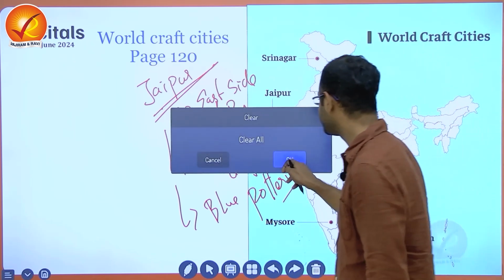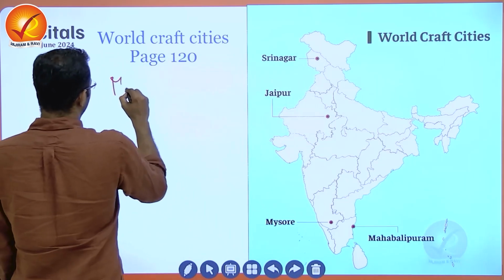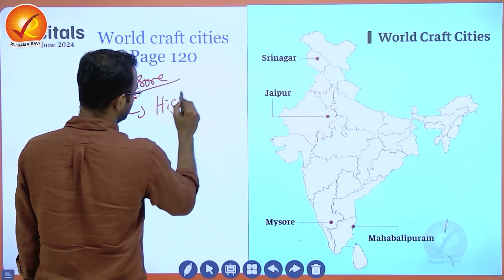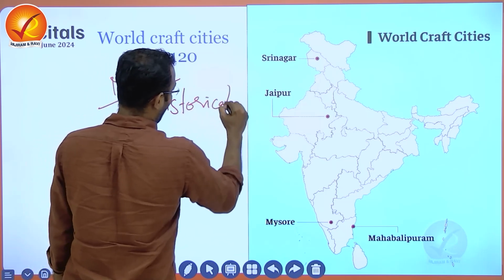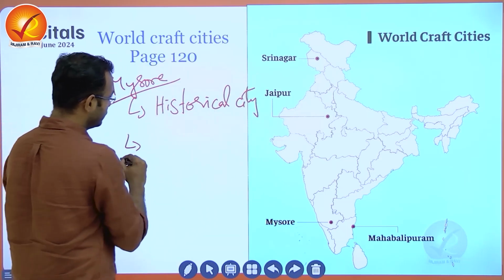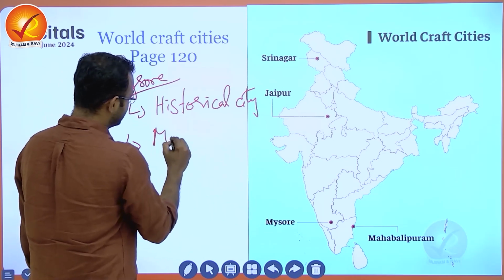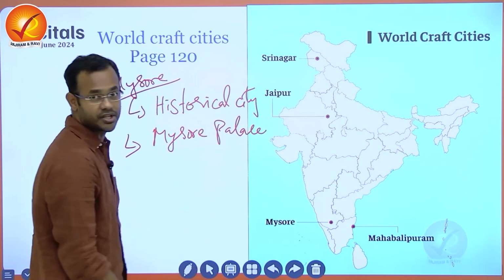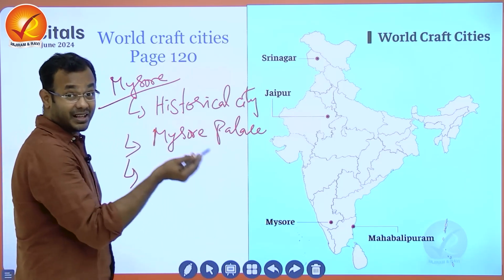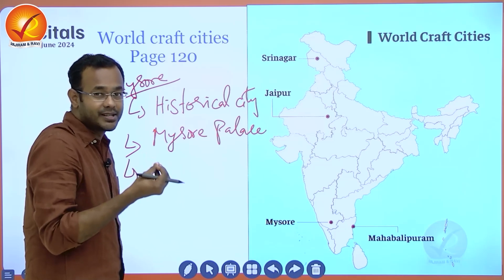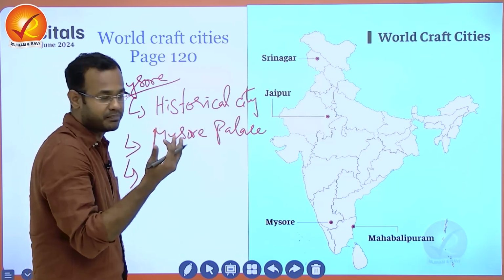Moving on to Mysore. Again, a historical city. Mysore Palace is an attraction or tourist destination. Then, in Karnataka, apart from Bengaluru, Mysuru is getting more industrialized and more urbanized, and development has been there.